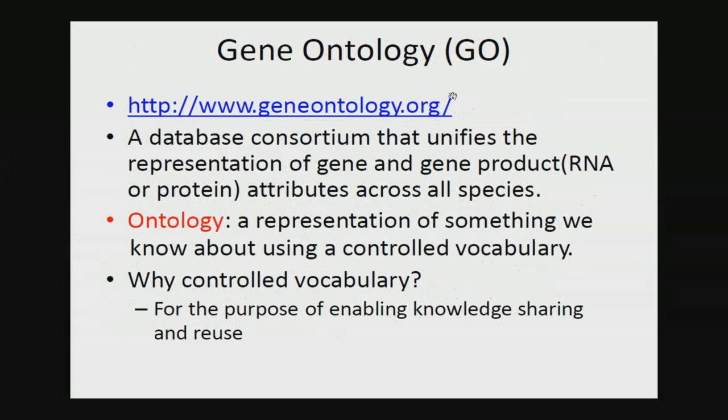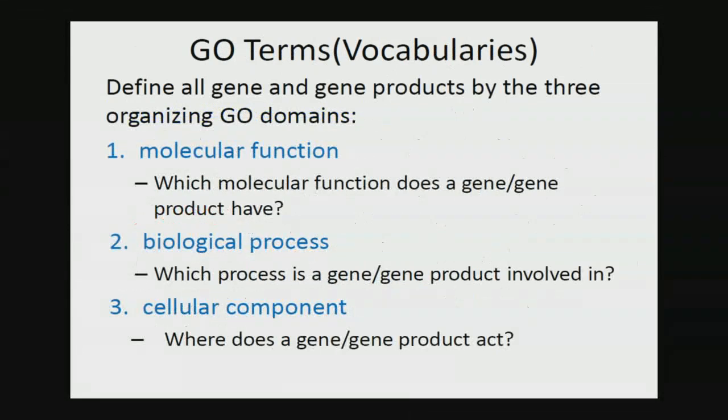The Gene Ontology is a database consortium that unifies representation of genes and their gene products across all species, not just for humans. I think I will not go through all of this. Basically, there are gene ontology terms. It defines all genes and gene products by 3 organizing gene ontology domains.